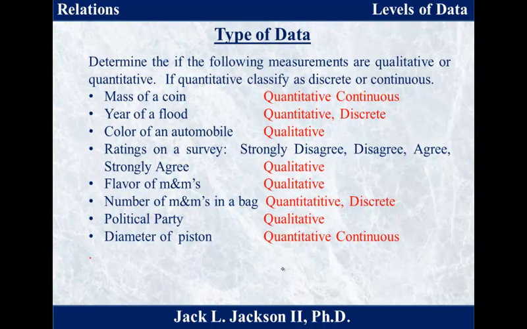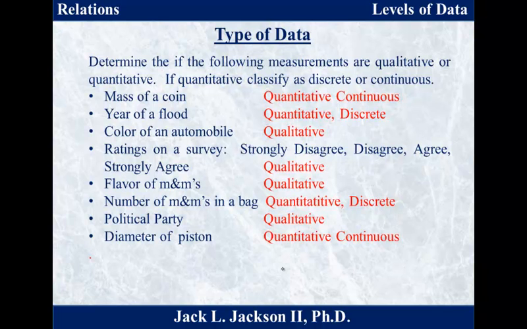The mass can take on any value on a real number line from 0 up to some reasonable upper limit. The year of a flood is quantitative, but it's discrete because you have chunks. It's a certain year, and that's the next year, and the next year, and you don't have half years because we're already saying which year it is.